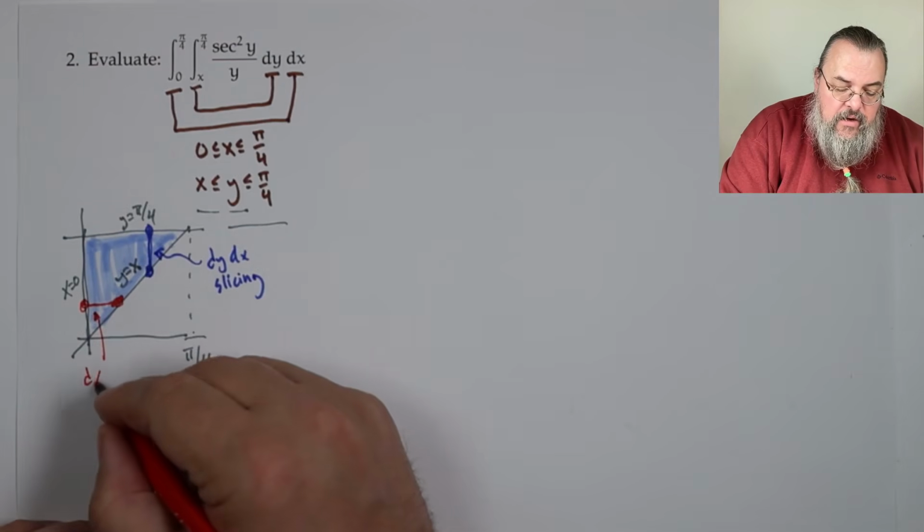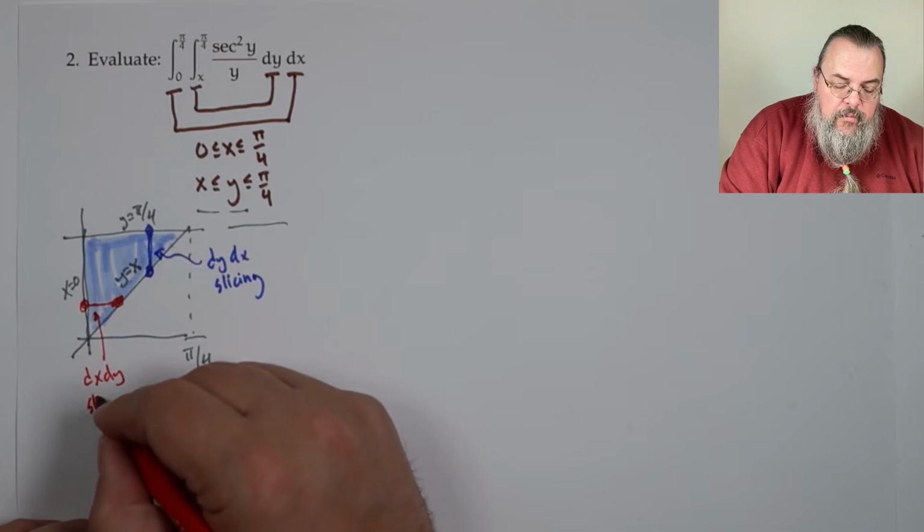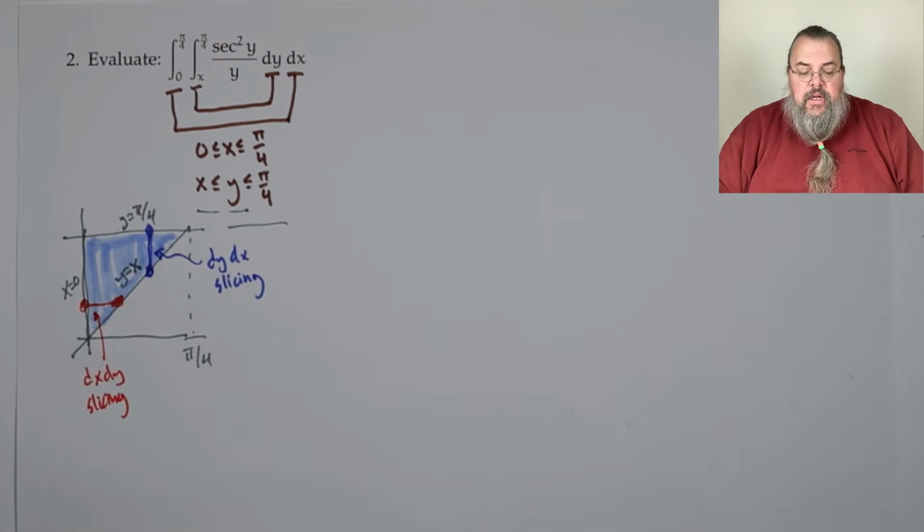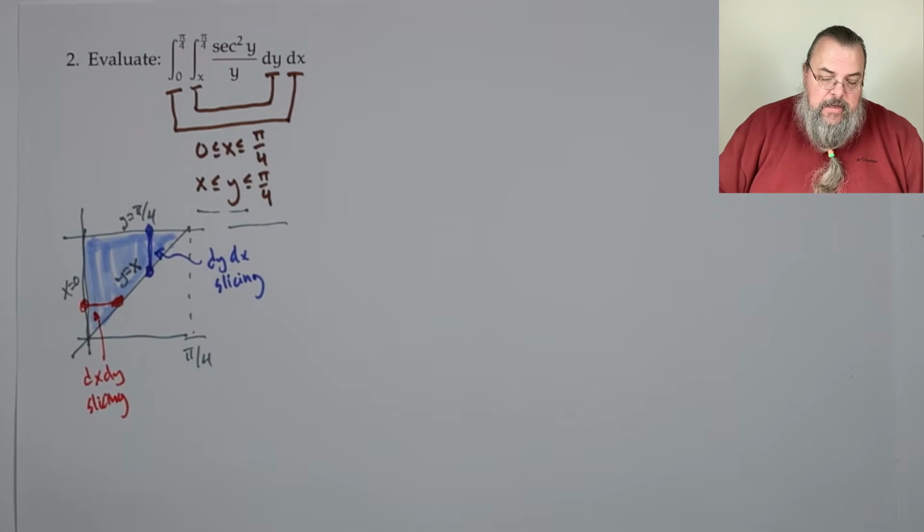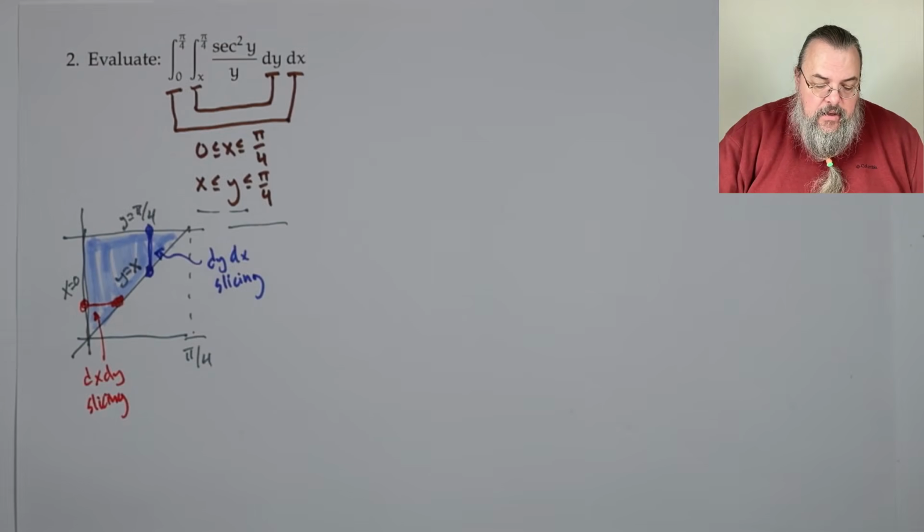So we say, okay, great, looking good. So what do we need? Well, we need to re-describe our region. So let's talk about y. Where does y go from?